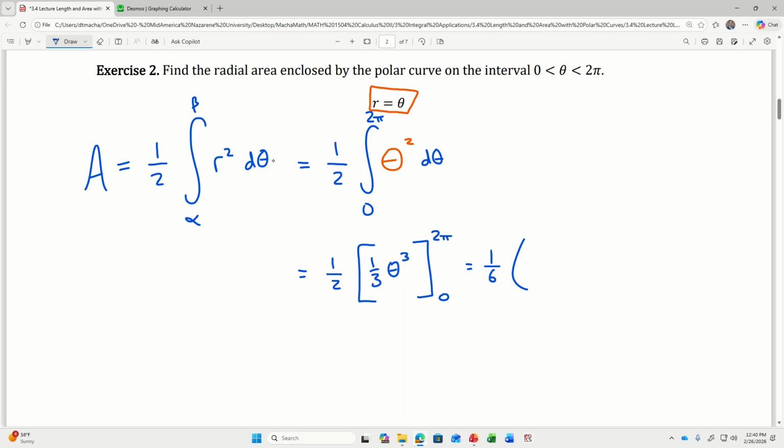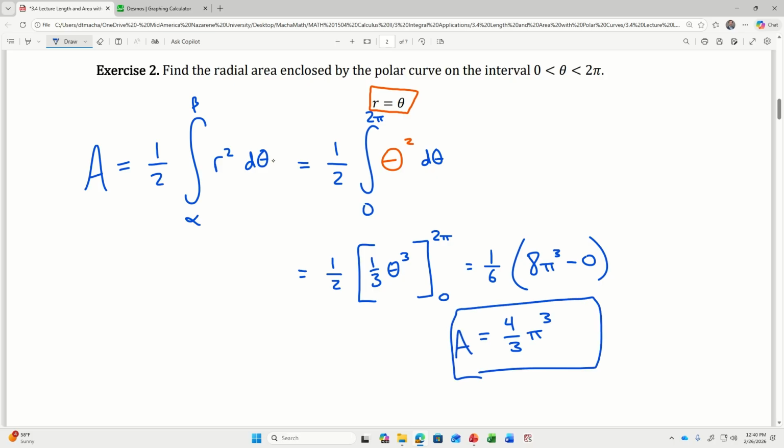When I plug in 2 pi, I get 8 pi cubed. When I plug in 0, I get 0. So my answer is that this shaded blue region in the plane is 4/3 pi cubed.